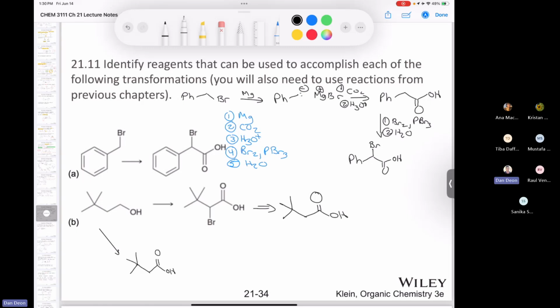So for that, all we need is sodium dichromate, sulfuric acid, and water, and that's going to give us the carboxylic acid. And then at the end, we're going to hit it with our bromine and phosphorus tribromide, followed by water.